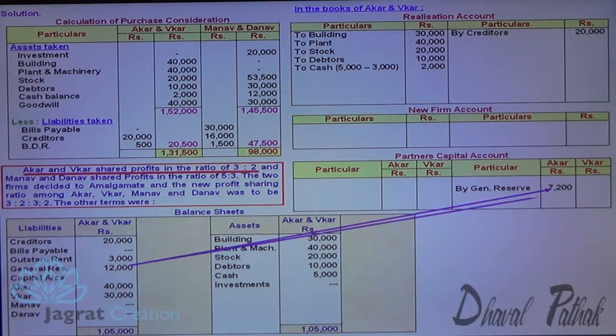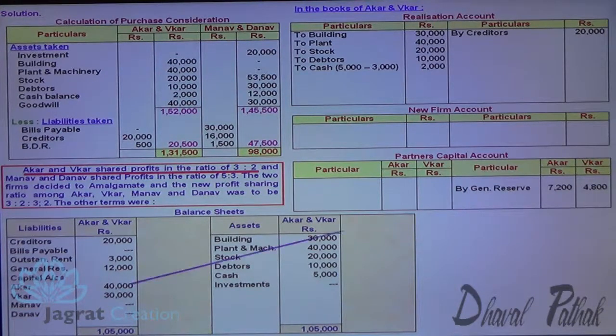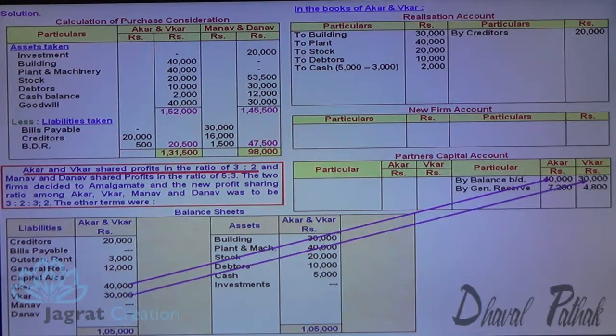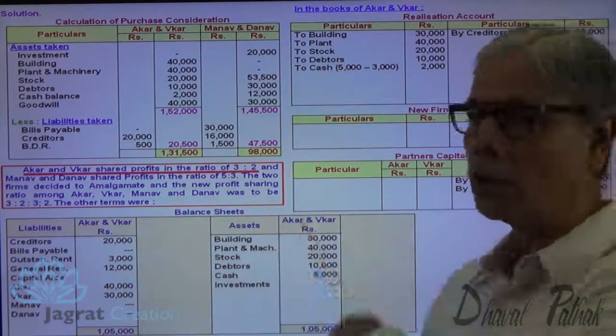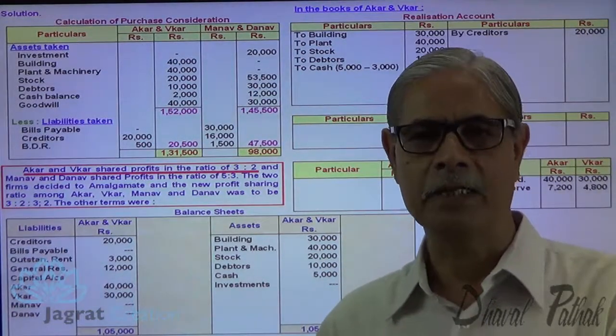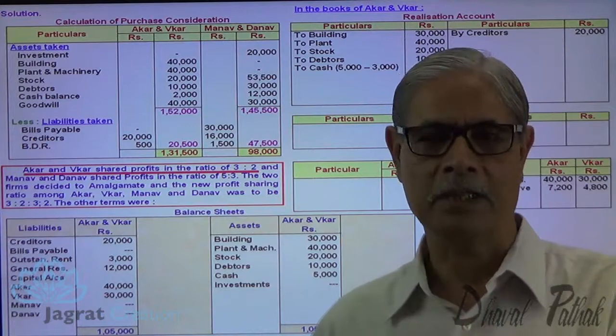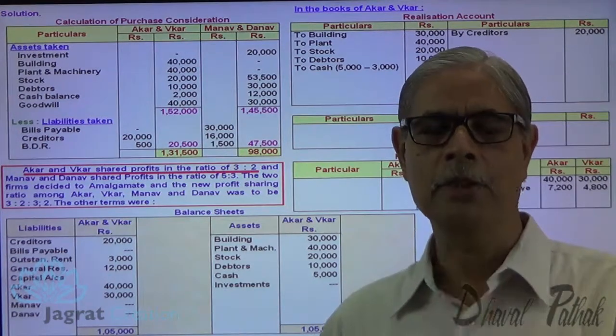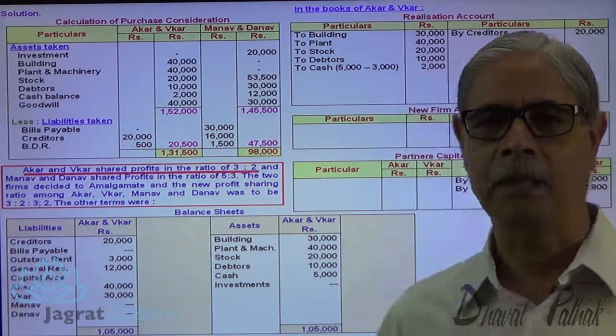So 12,000 into 3 by 5, 12,000 into 2 by 5. So 24 twos and 24 threes. This is how general reserve is distributed. Capital balances are recorded as balance brought down in the capital account of Vakar and Vakar. This is how all the balance sheets details are considered. Assets transferred to realization account, liabilities transferred to realization account, general reserve distributed, capital balances recorded in the capital account. Next.